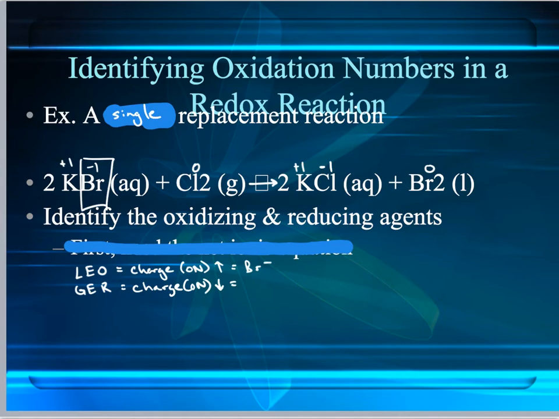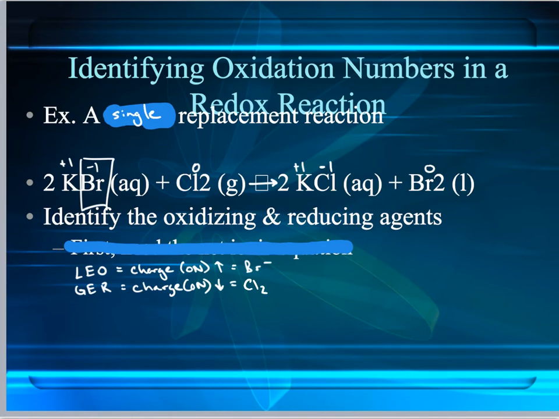Well, it can't be potassium because it stayed the same. Chlorine goes from 0 to -1, from left to right. So when it went down, that is what's getting reduced, Cl2. That's the species getting reduced here.